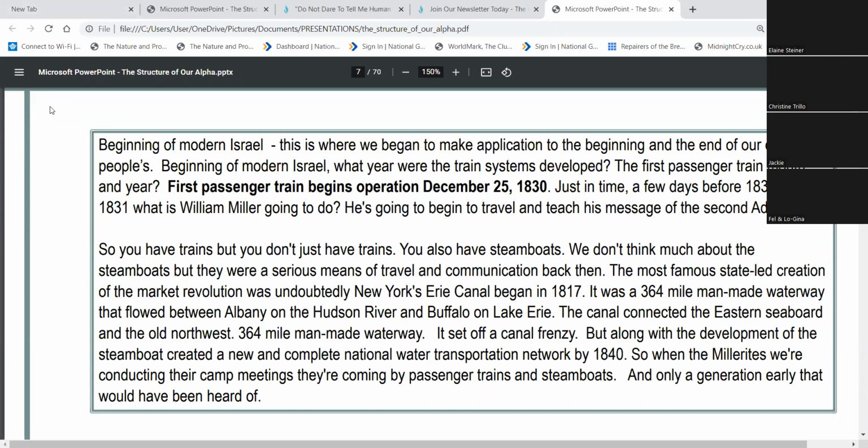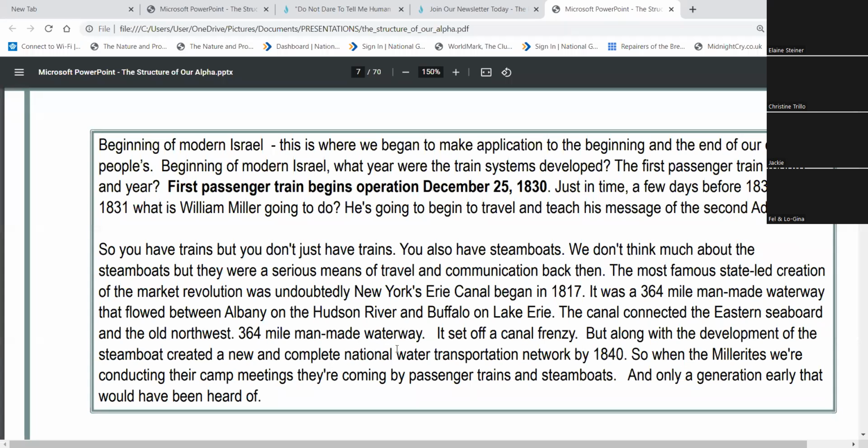The most famous state-led creation of the market revolution was undoubtedly New York's Erie Canal, begun in 1817. It was 364 miles of man-made waterway that flowed between Albany on the Hudson River and Buffalo on Lake Erie. The canal connected the eastern seaboard and the Old Northwest.